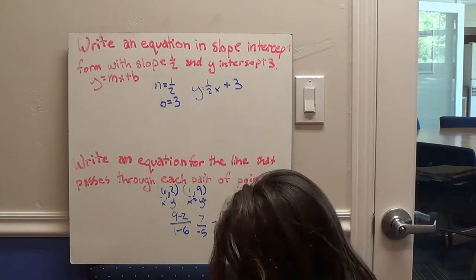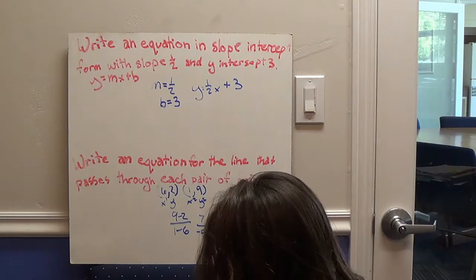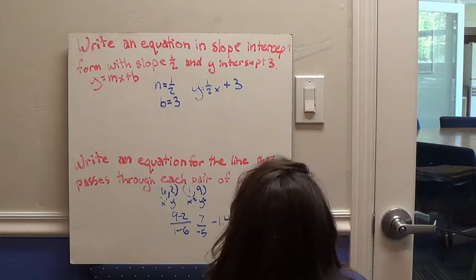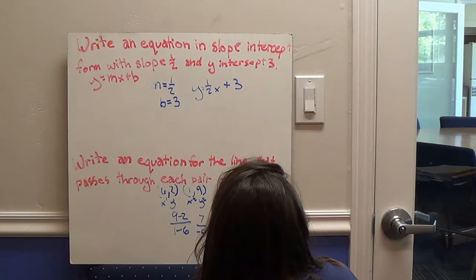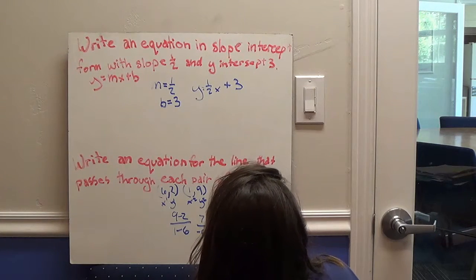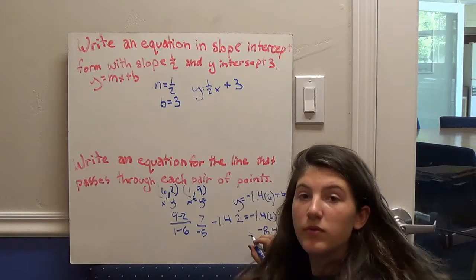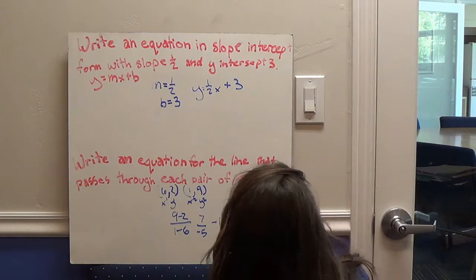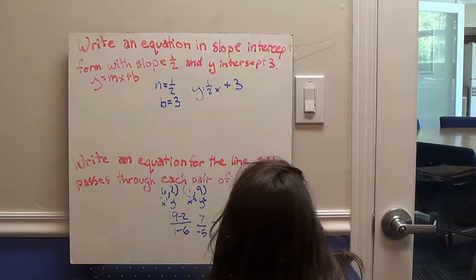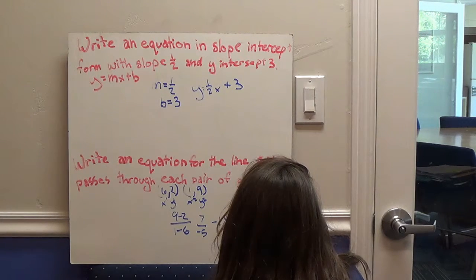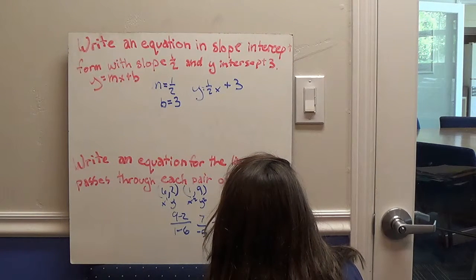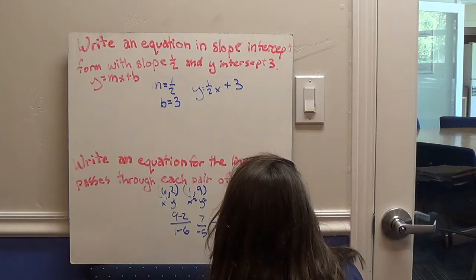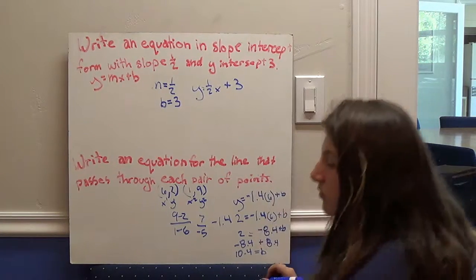So negative 1.4 times 6 is negative 8.4 plus b. And how we're going to get that is plus 8.4 to both sides. And that gives you 10.4 equals b. So there you go.